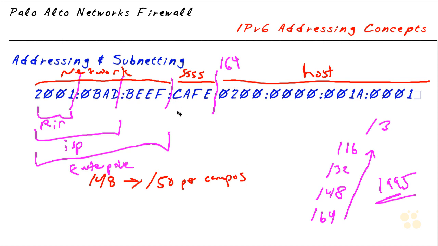Well, that draws the line midway through this hex character. So that's kind of my catch. Remember, a hex character is 4 bits. If I'm only using 2 of them, so /50 per campus, then I'm drawing my line right in the middle, right in there. So I need to learn binary, especially when it comes to my hex portion, and how to split this stuff up, just to be sure. If all I'm doing is operating on very simple boundaries, this is no big deal. That is addressing and subnetting for IPv6.